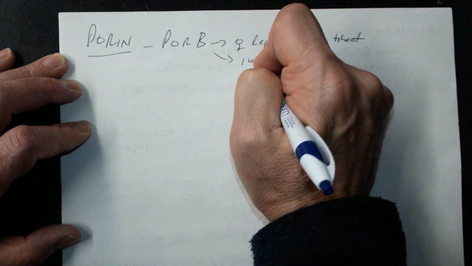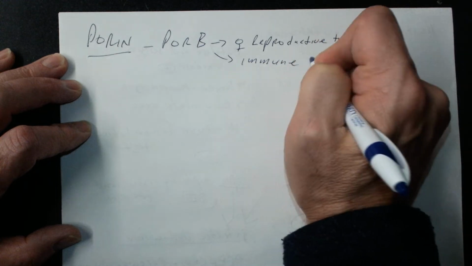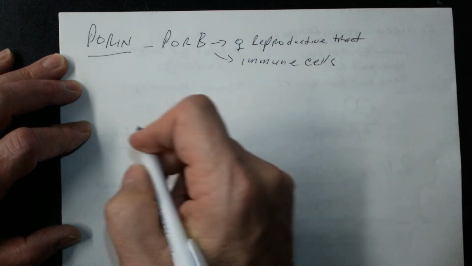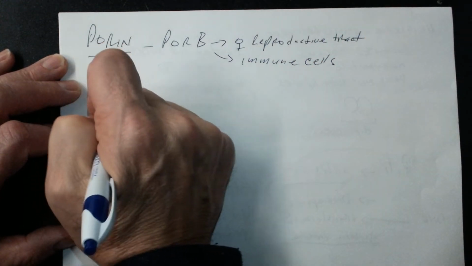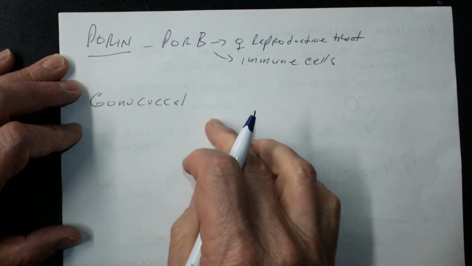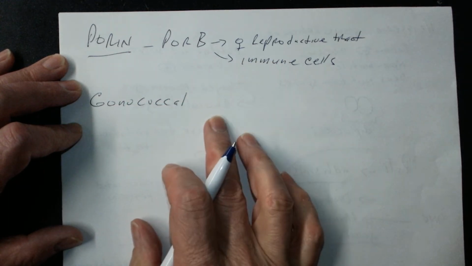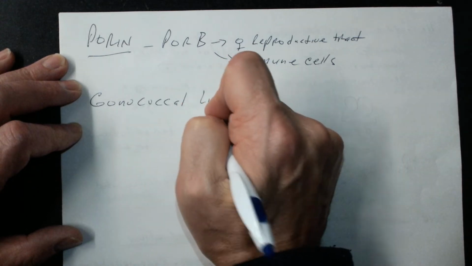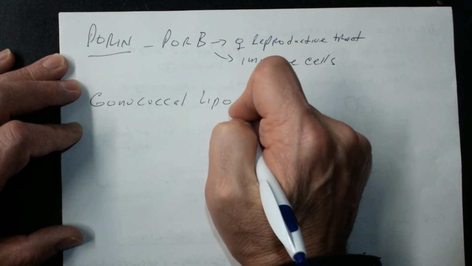And also immune cells. And then the gonococcal lipopolysaccharide, which is chemically different, so it's called a lipo-oligosaccharide.